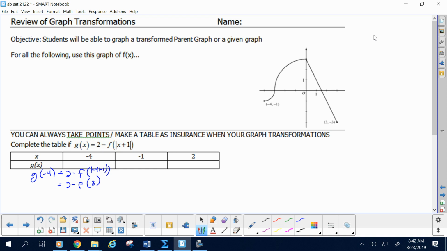What is f of 3? -3. So we get 2 minus -3. So in the end result, g, whatever it looks like, would have a point at -4, 5. Are you with me? Try the next one on your own.